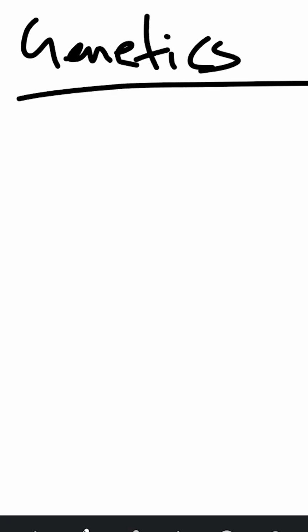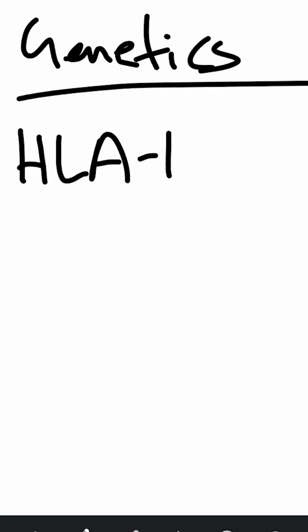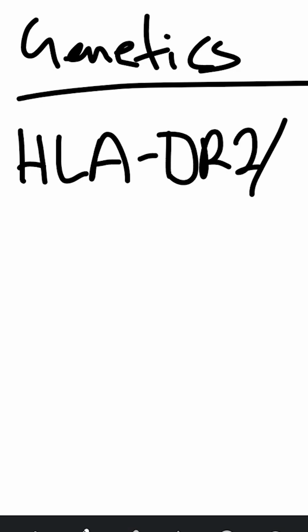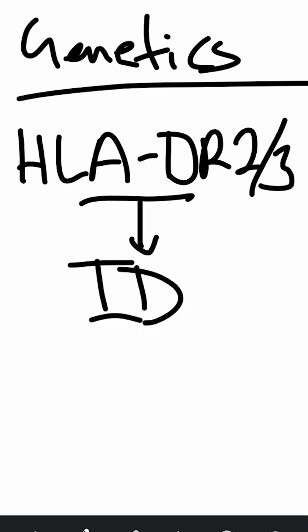When it comes to genetics, we are mainly interested in the human leukocyte antigen DR2 and HLA-DR3. I like to think of it as HLA Dr. 2 and Dr. 3. This is responsible for how the body identifies itself.